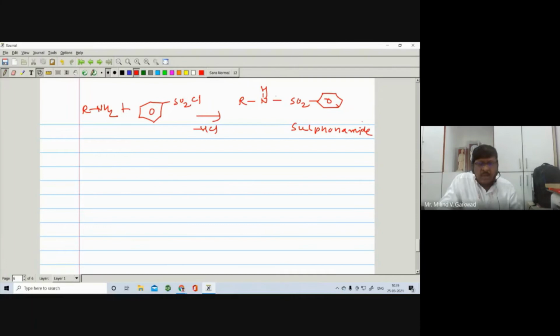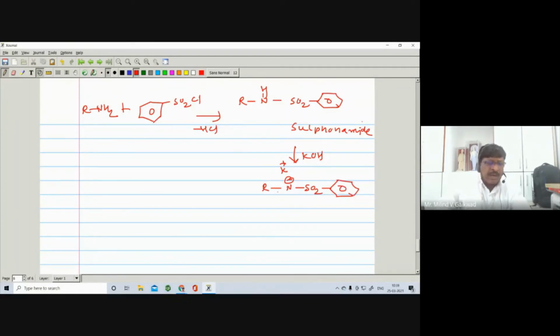Now look here, the nitrogen has hydrogen, and if you treat with KOH alkali, there is a formation of the corresponding salt, R, N negative and K positive, plus SO2 and the benzene nucleus.